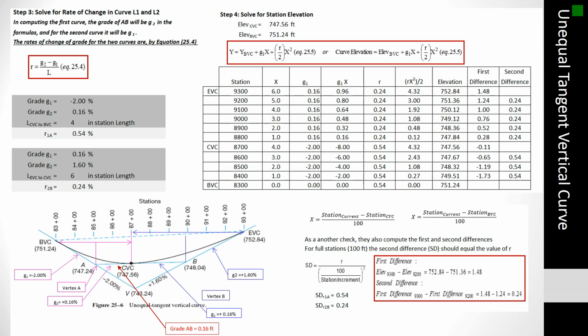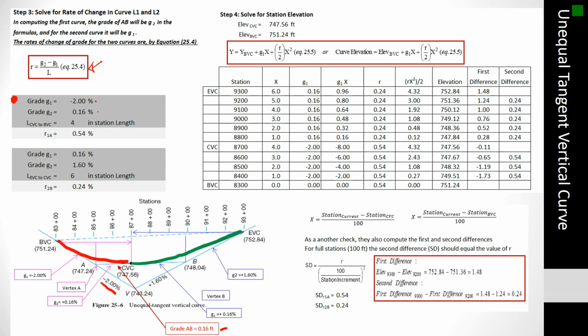Now, here's the same as we did before in the equal tangent vertical curve calculations. The first thing that we had done is calculate our R1, or our rate of change. Now, when we have a compound curve, remember what I said is we have one curve here that stops at the compound where two curves come together, and our second curve is here. So the first curve is going to have this information here. We've got a negative 2% going down and a positive 0.16% going up.